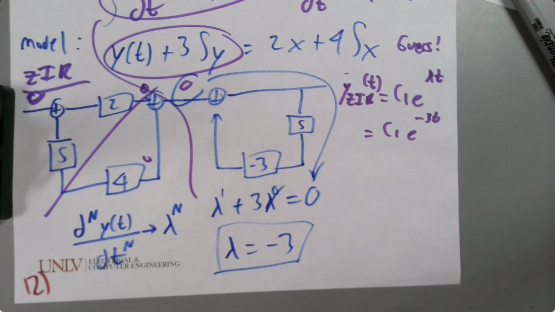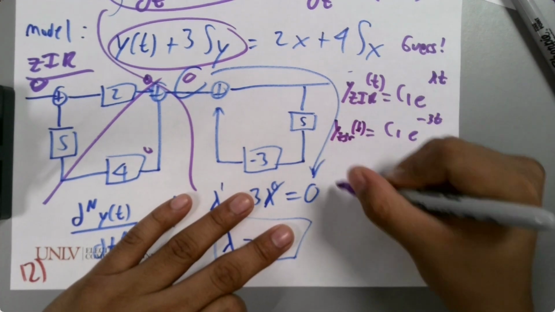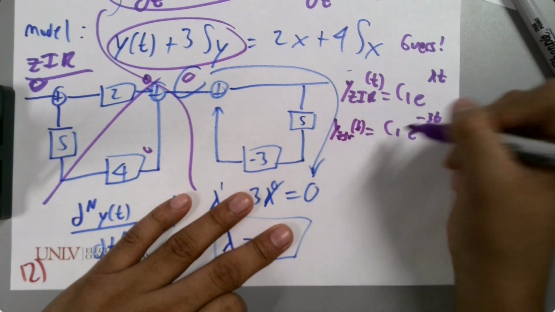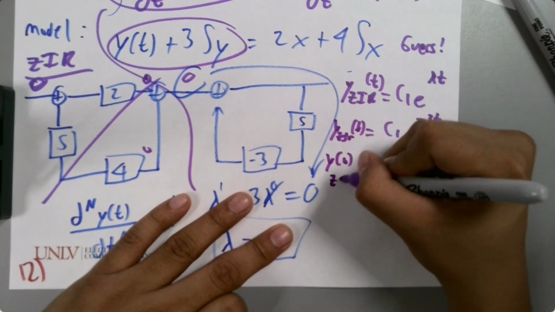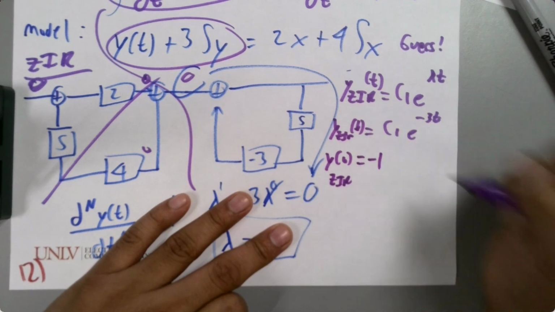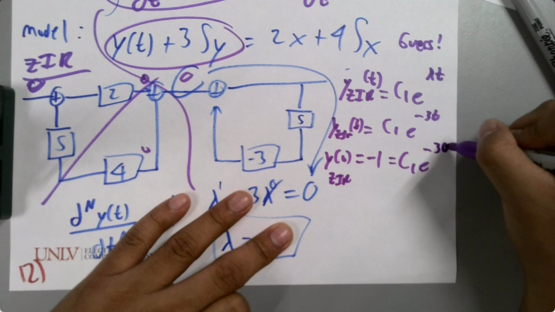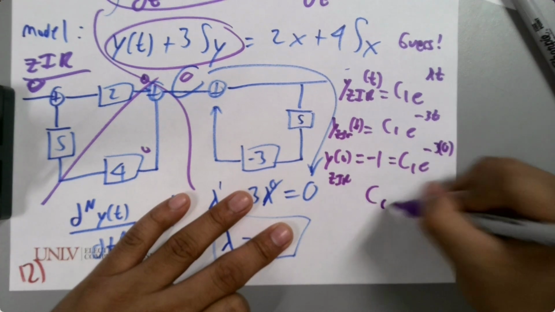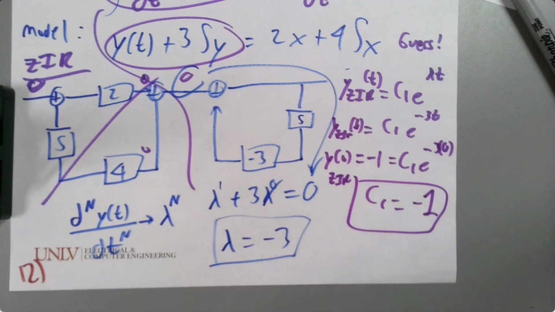Okay? So all you're going to do for y ZIR is look at this at time equal to 0. So at y of 0, ZIR is equal to minus 1, which is equal to C1 e to the minus 3 of 0. What is that? Done.